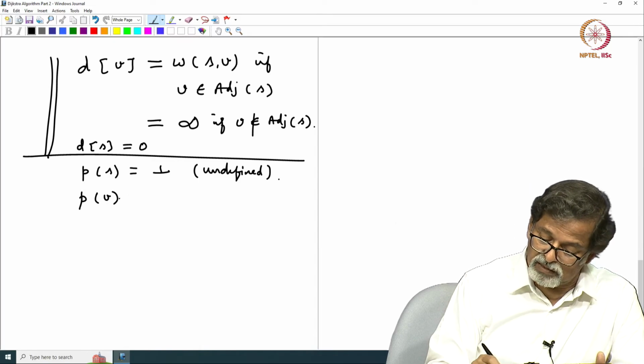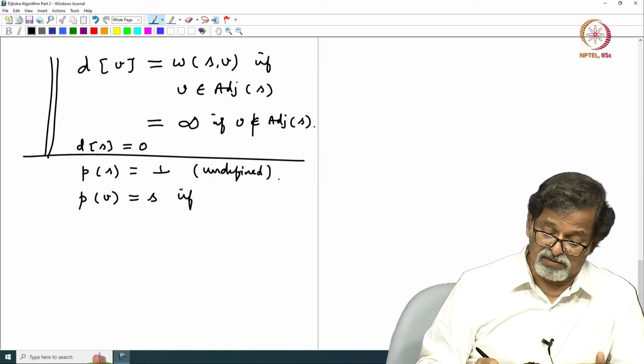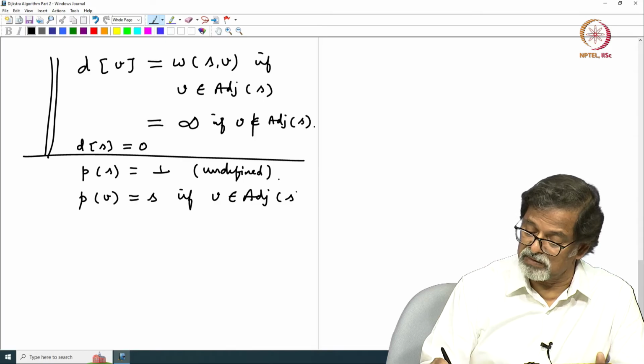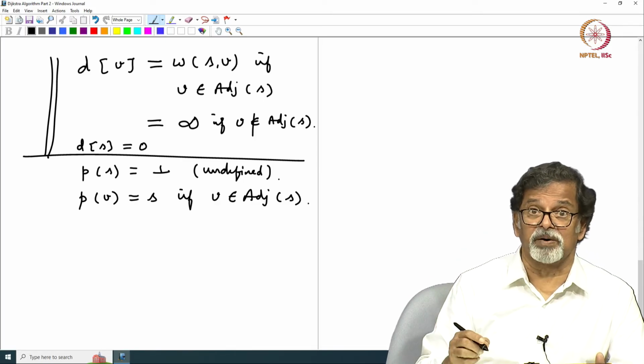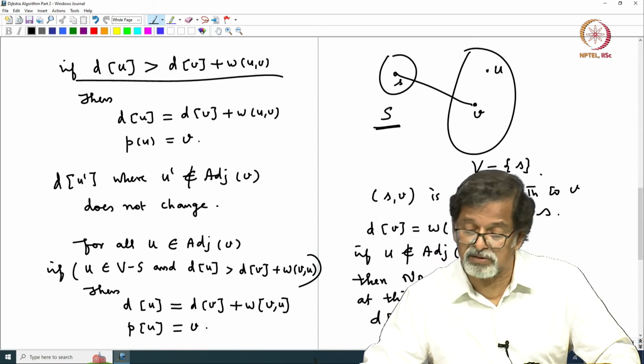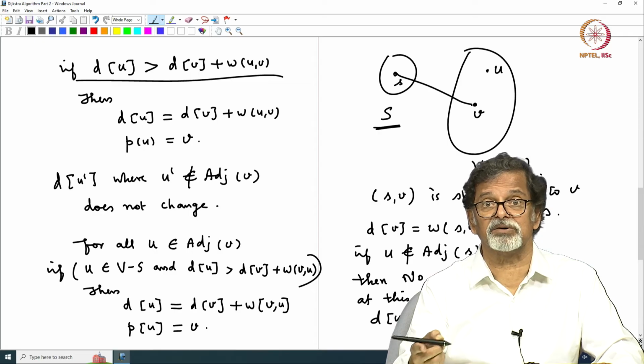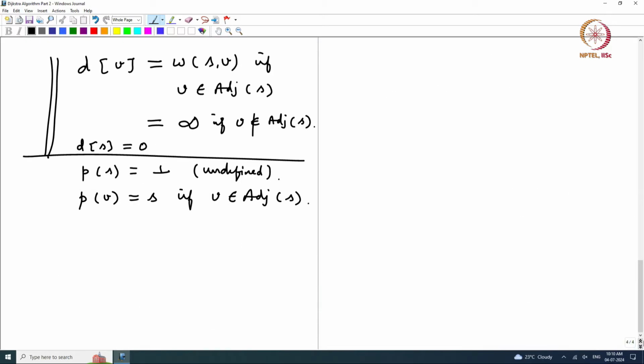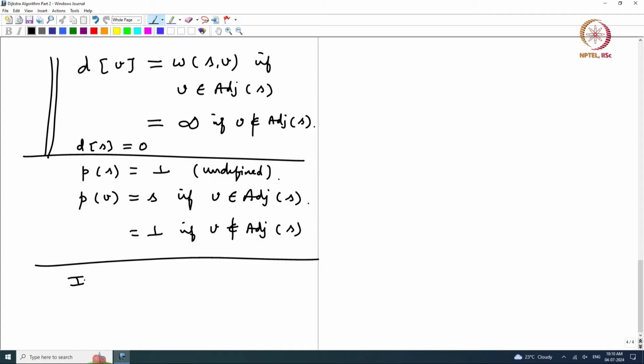Previous of v equals s if v belongs to adjacency of s, because you have a special path. Look at this situation. Previous of v is s. In this picture you can see that previous of v is s. Previous of u, if it is not adjacent, is not defined, there is no path, and is undefined if v does not belong to adjacency of s. So this is how you initialize the d array and p array.